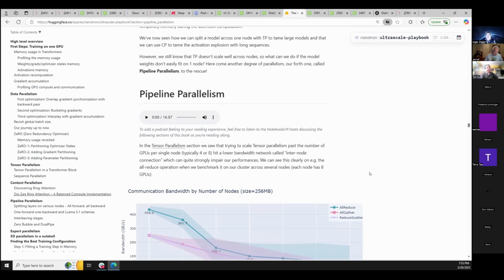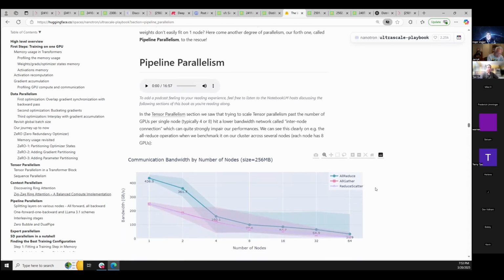But so the other parallelism is pipeline parallelism. You could think of it as layer parallelism. Since LLMs tend to be like 24, 30, 48, 60 virtually identical layers, a very intuitive way you can slice things is you can say, okay, I've got 24 layers. I've got 8 GPUs.